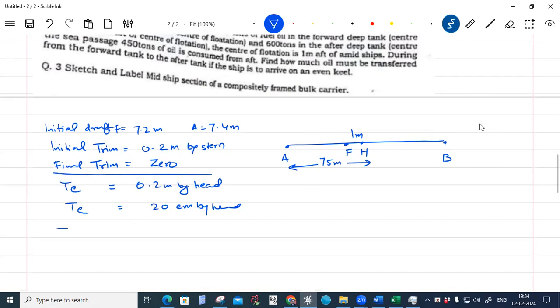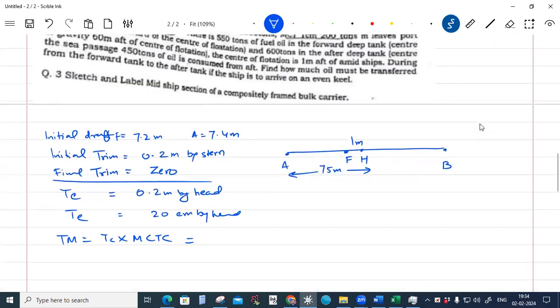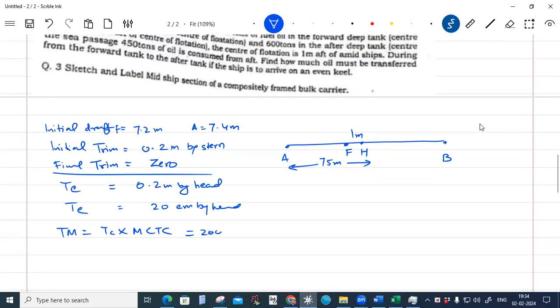So trimming moment is trim cost into MCTC, right? MCTC we have, 200. 200 into 20, how much you get? 4,000 ton meter by head. That is the trimming moment.